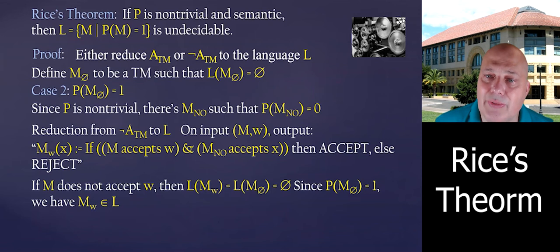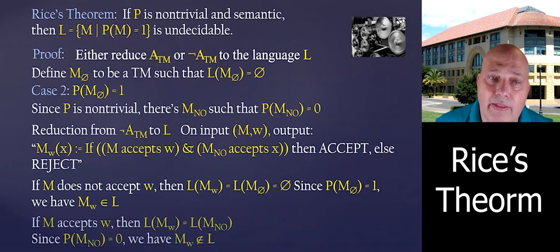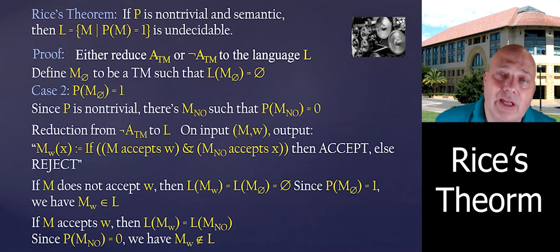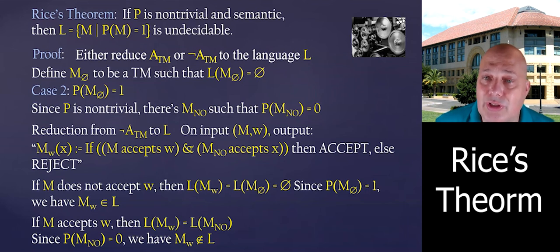And since P of M_W is 1, we have that M subscript W is going to be in L. And if M accepts W, then the language that M subscript W accepts is L of M no. And since the property doesn't hold for M no, we have that the property doesn't hold also for M_W, and M subscript W is not in L. So this is a reduction from not A_TM to L.